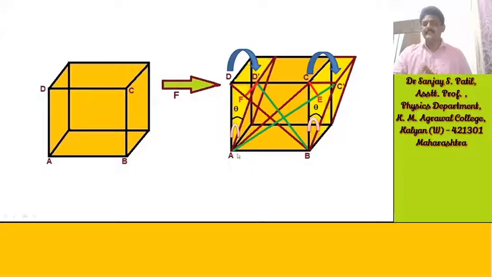Here AC is the original diagonal, that is the diagonal before applied force, and the diagonal after application of force is AC dash. So compression of diagonal BD takes place and extension of diagonal AC dash takes place when force is applied along this edge DC to one of the faces of the cube, which is the front face of the cube being considered.